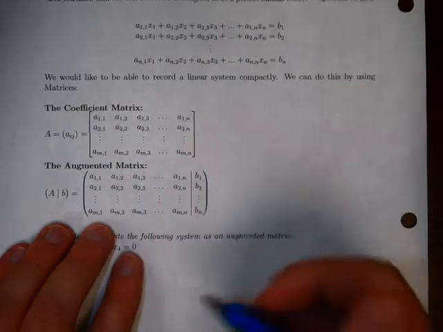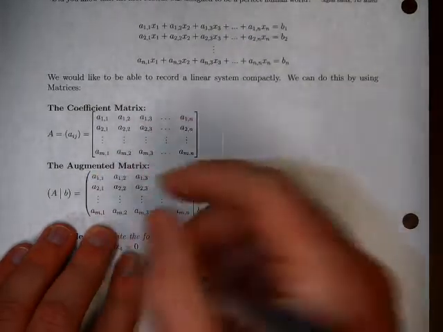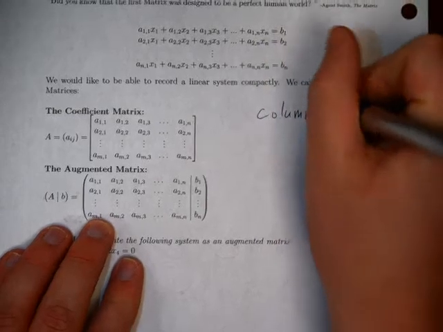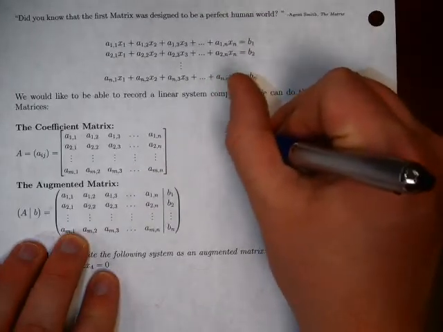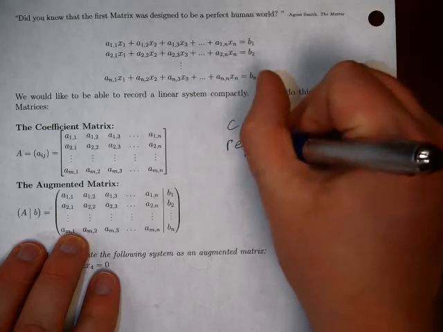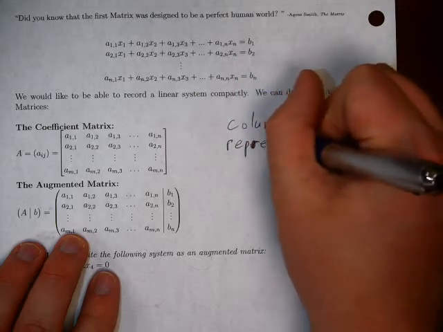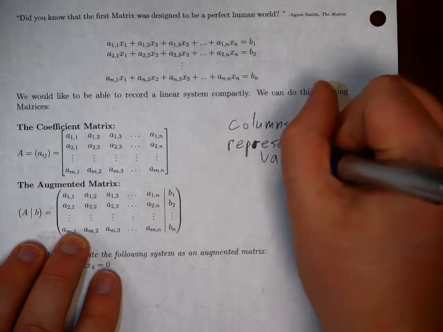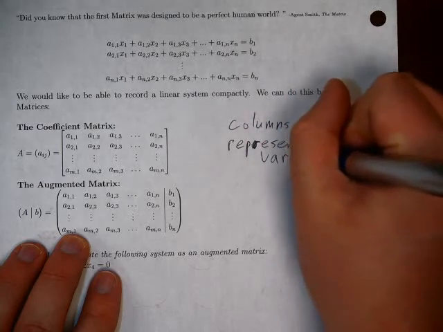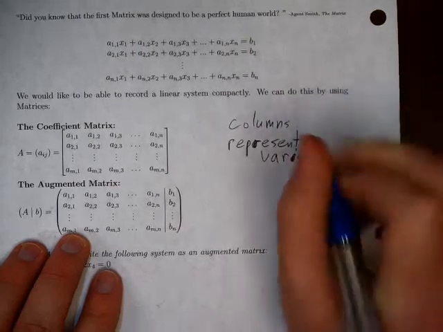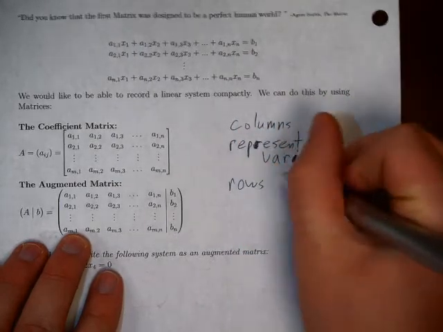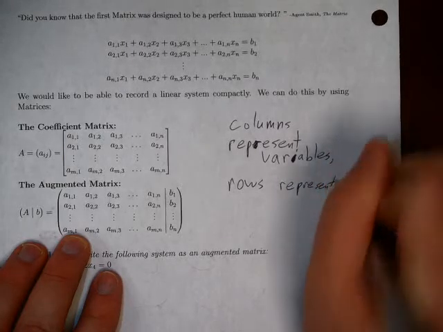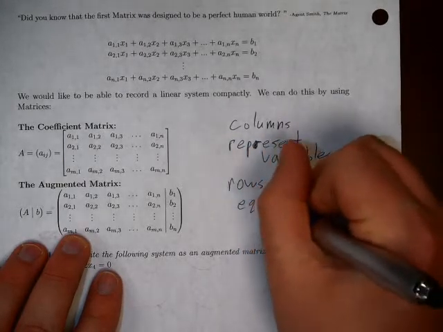And this tells us about our variables. So each column represents a variable, while our rows represent our equations.